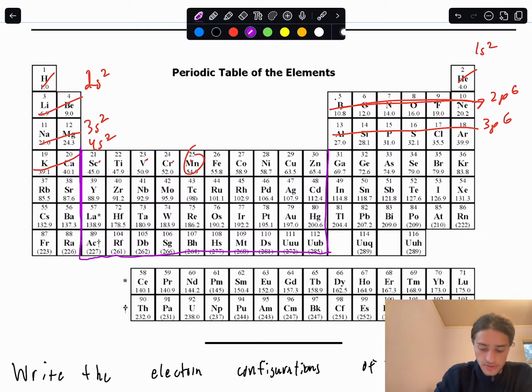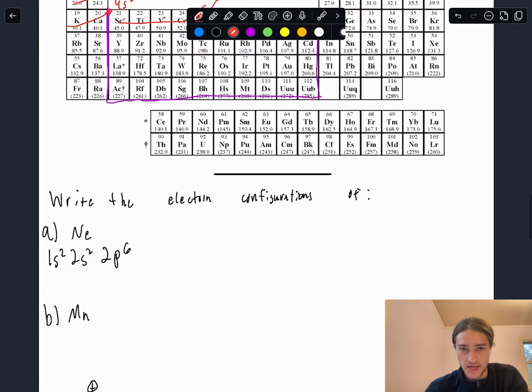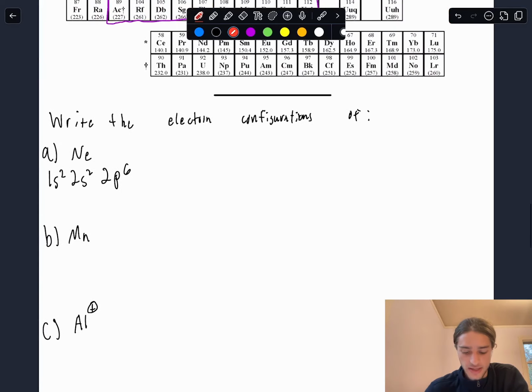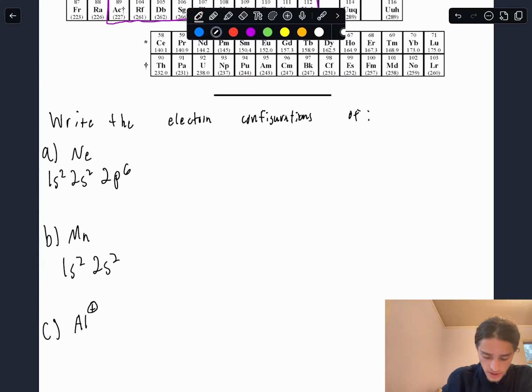And so it's going to be 1, 2, 3, 4, 5, and that becomes 3d5. Now you might be wondering, wait, why did I just write 3? And yeah, that's pretty weird, right? Let me finish moving it down over here.